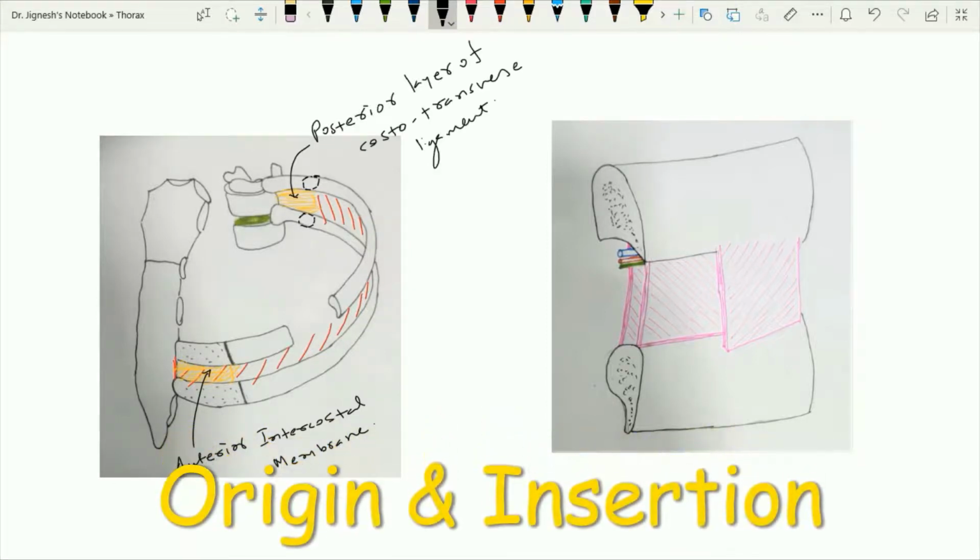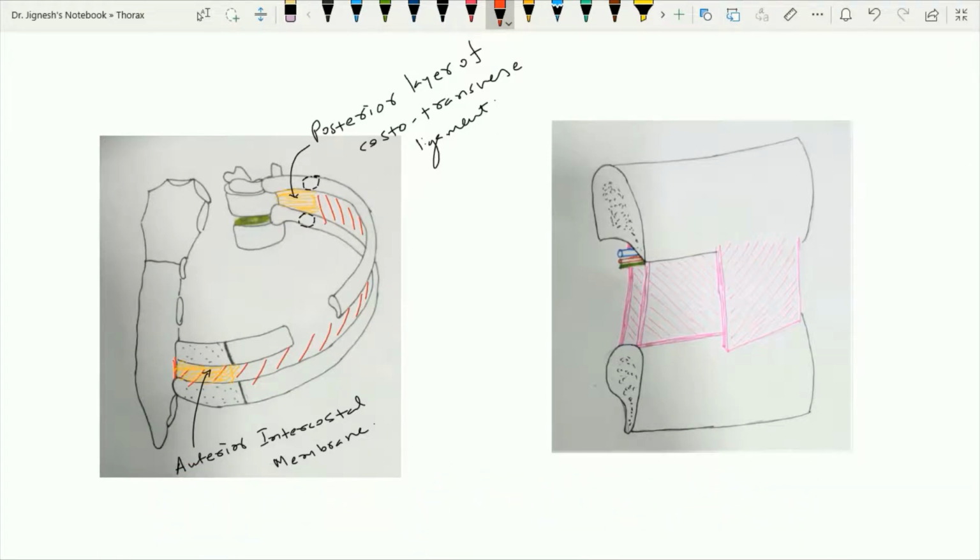Now when we see the attachment of this external intercostal muscle, let's see in this enlarged figure. This external intercostalis muscle arises from the lower border of the upper rib, and it inserts into the outer lip of the upper border of the lower rib.